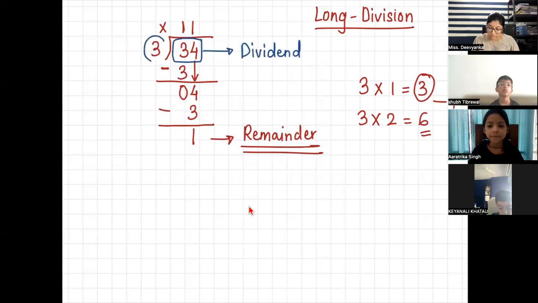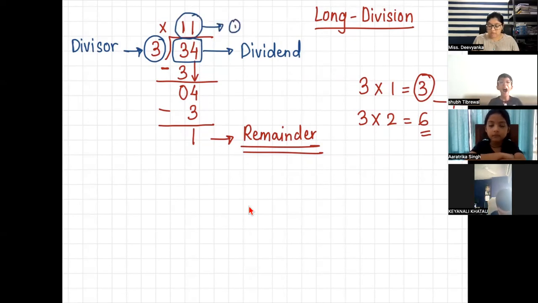The number with which you are dividing is your divisor. Correct? This is how we arrange it vertically in a long division format. Then the answer that you get here, this part, is what? It is the quotient.